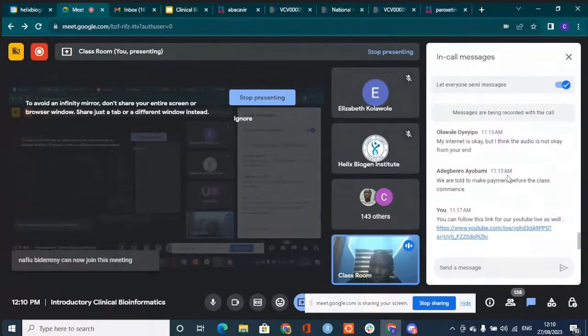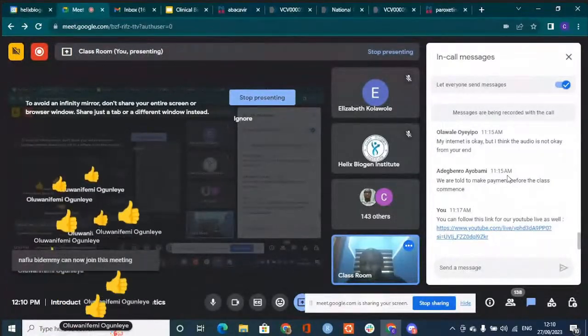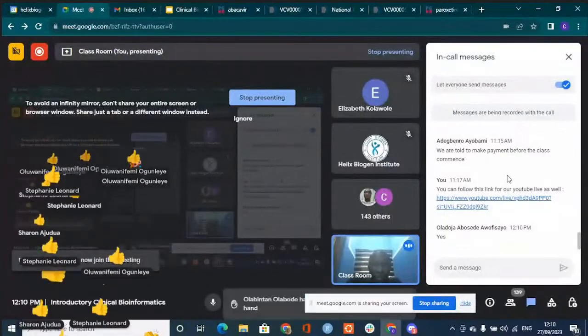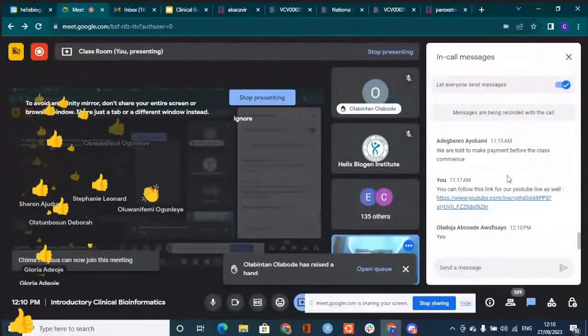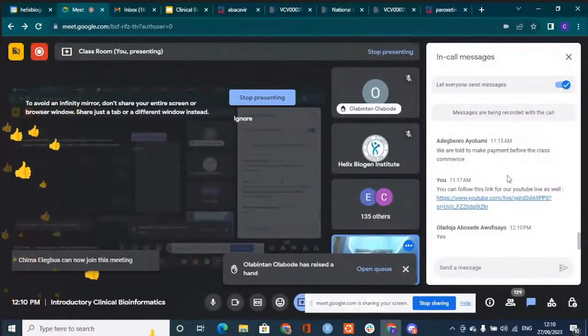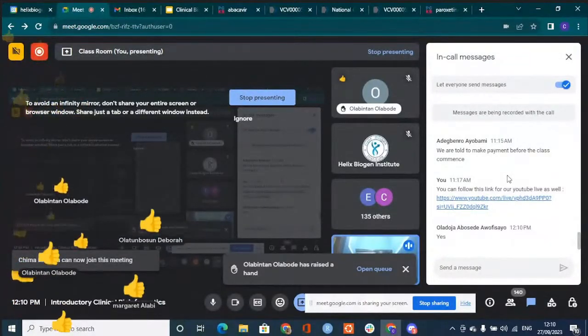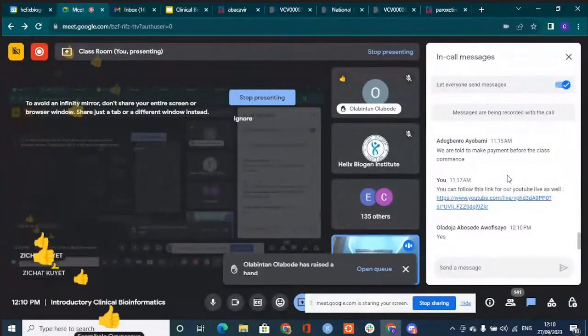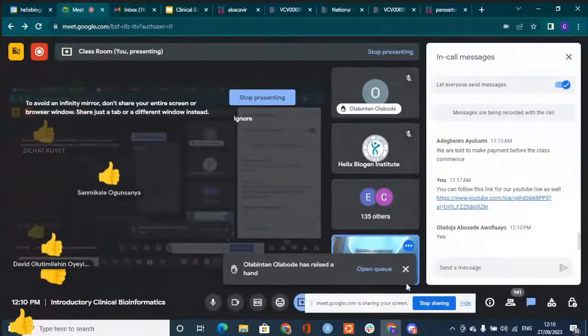If we get my question, I want to see your thumbs up. Then you type Abacavir and look at some clinical decisions that you can make for patients suffering from hypersensitivity reactions.